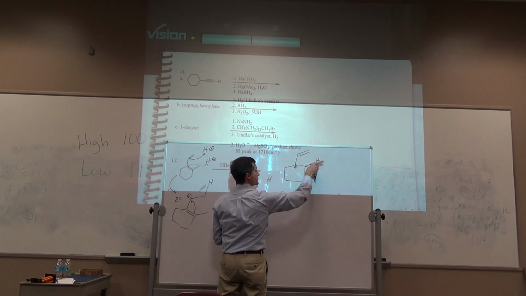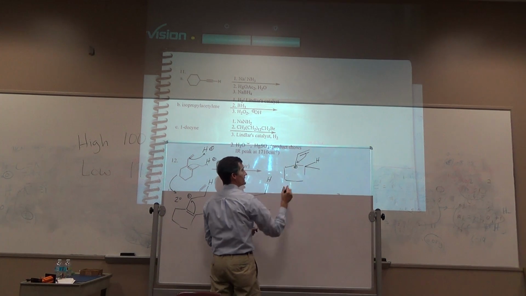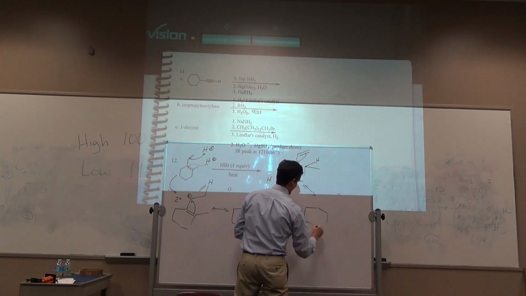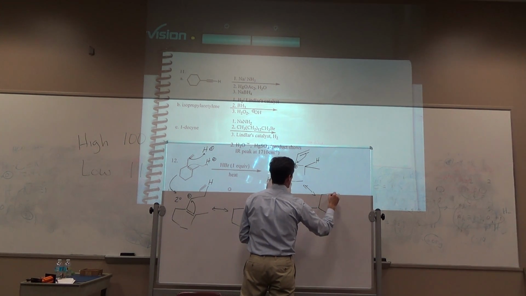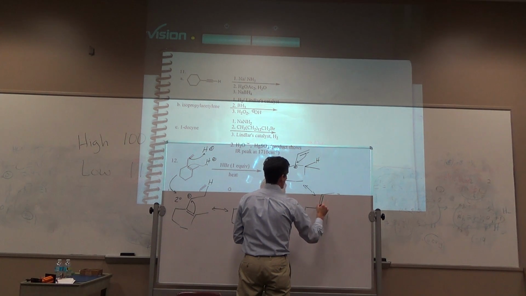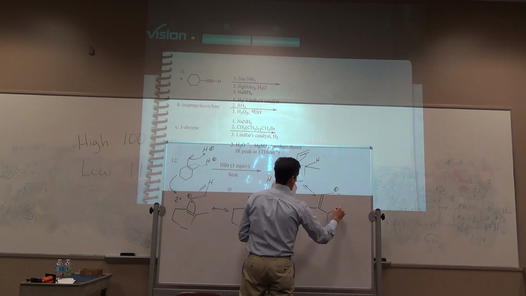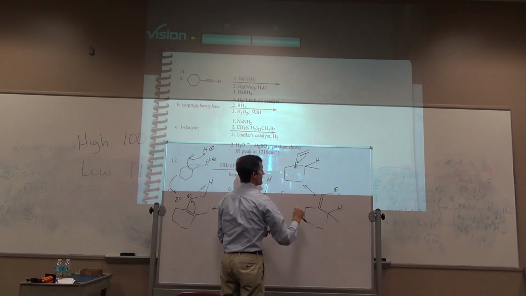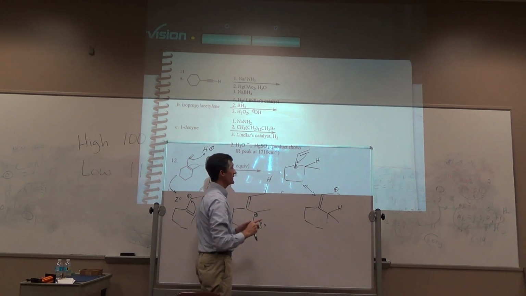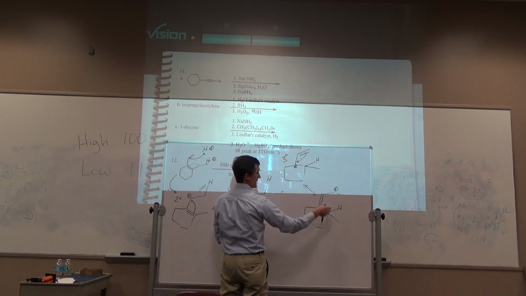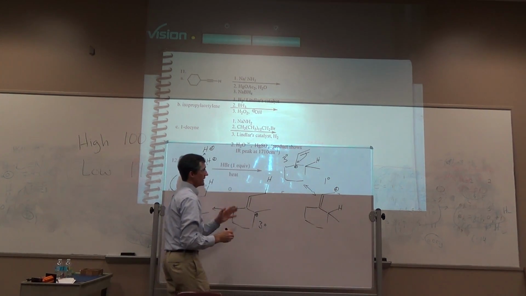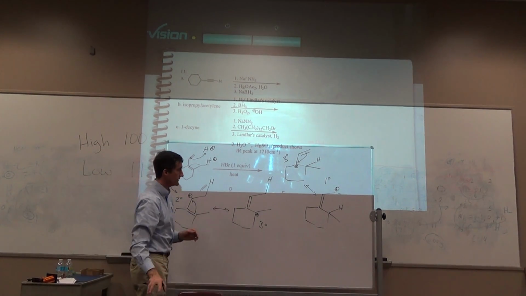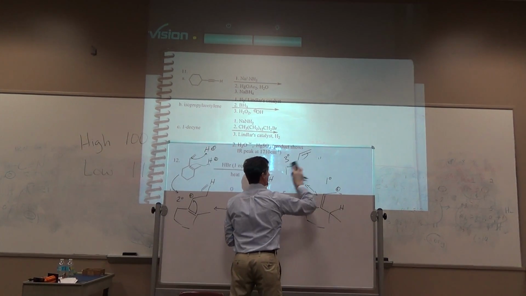Then this can do resonance. Pinch down, cation there. There's your other resonance stabilized cation. It has characteristics of tertiary and primary. Would you rather have tertiary primary or tertiary secondary? Tertiary secondary.